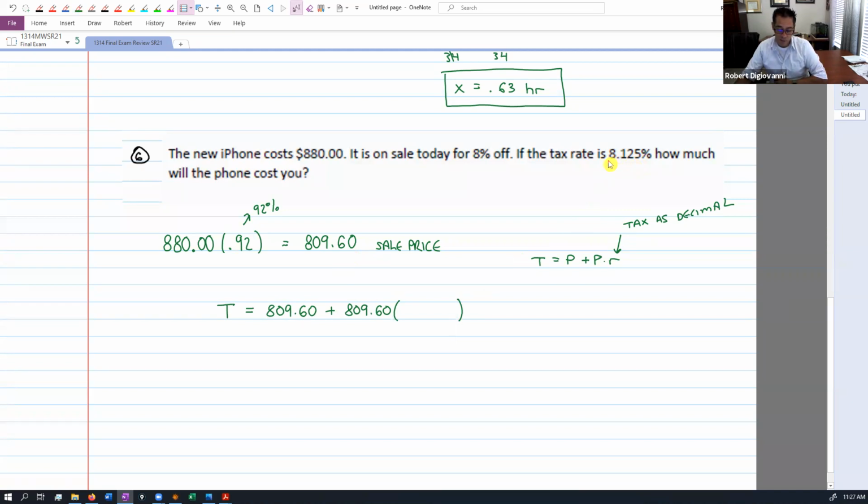So I need to move that decimal point 2 places to the left. So it becomes 0.08125. So I'll do this on my calculator. When I put everything together, I'm getting 875.38. This is dollars.